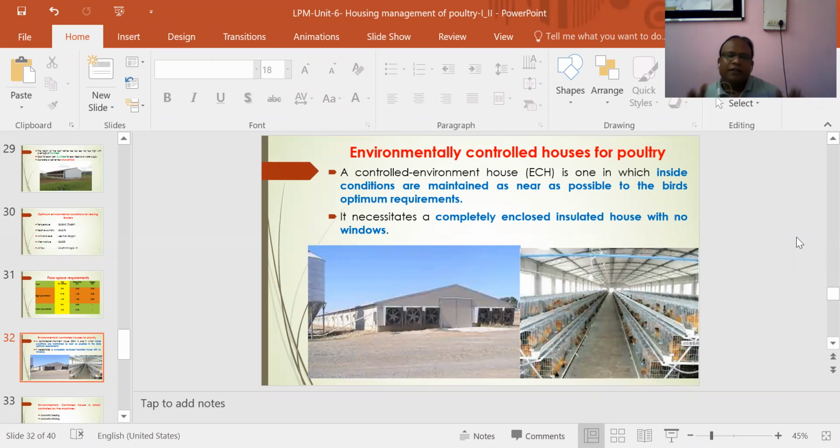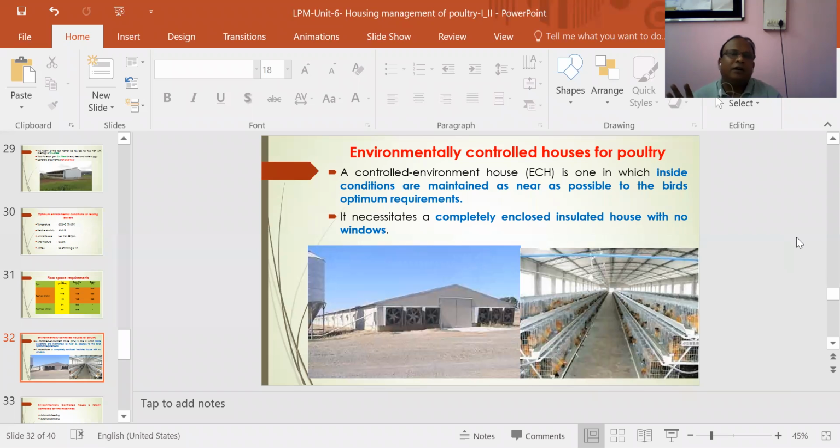The rest of the portion is open and covered with wire mesh net. So what is an environmentally controlled house? In an environmentally controlled house, there is no window, and all the microclimatic environment required for the birds is fully and completely controlled. So this is the environmentally controlled house.